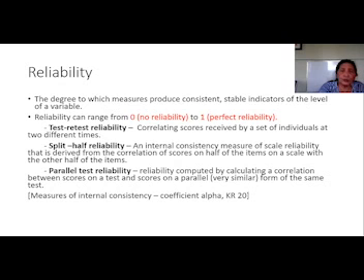Reliability is the degree to which measures produce consistent, stable indicators of the level of the variable under study. Again, consistency. Kung consistent yan, dependable yan. And reliable yan.